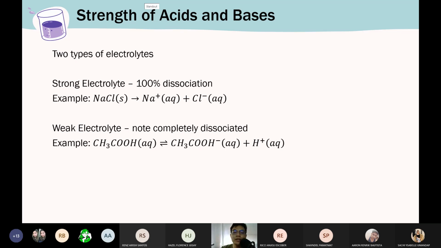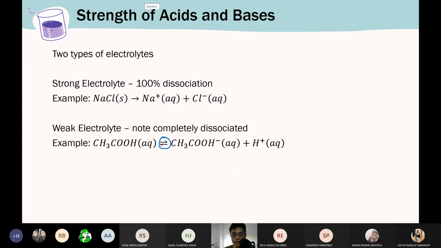While, let's say for some acids and some bases, they have weak electrolyte characteristic, meaning that the dissociation of ions is not complete. And usually in weak electrolytes, we have equilibrium systems. Okay? So, palagi may equilibrium kapag weak electrolyte.